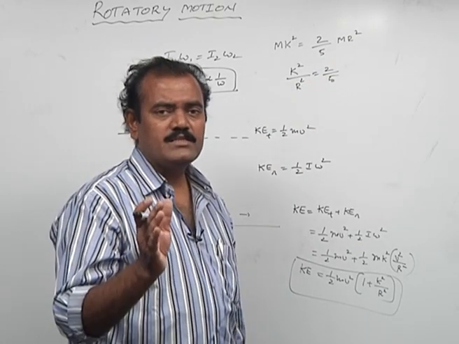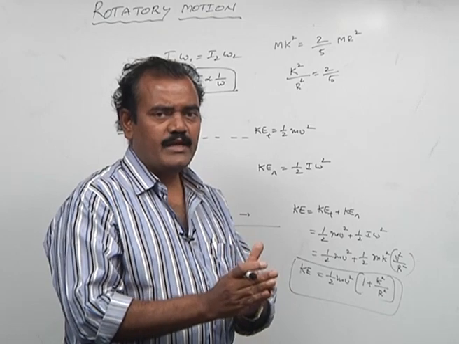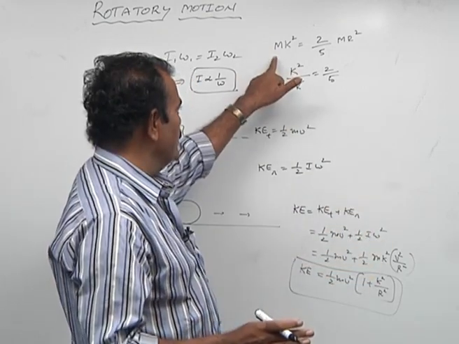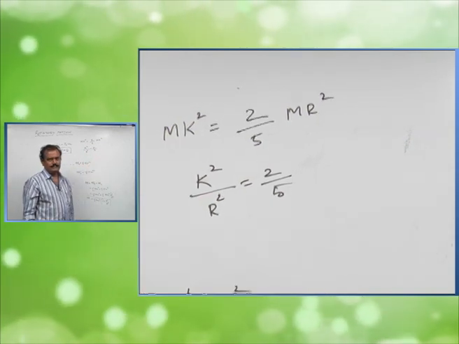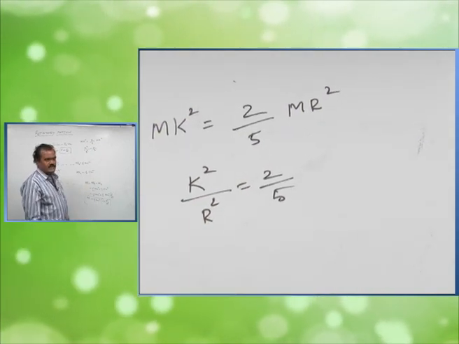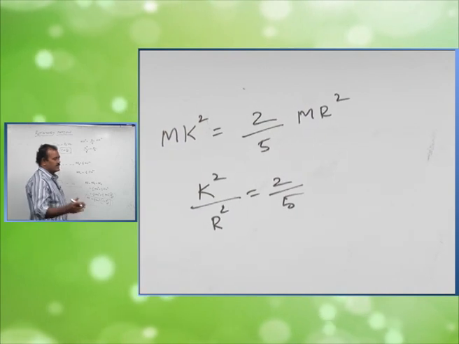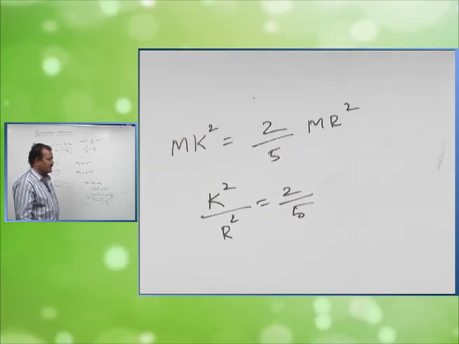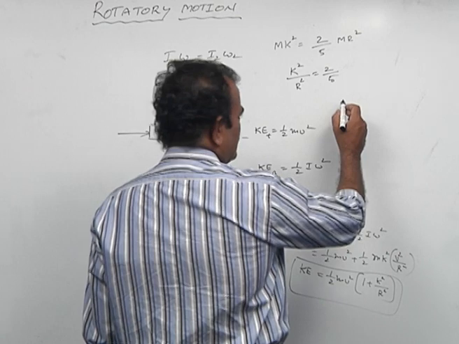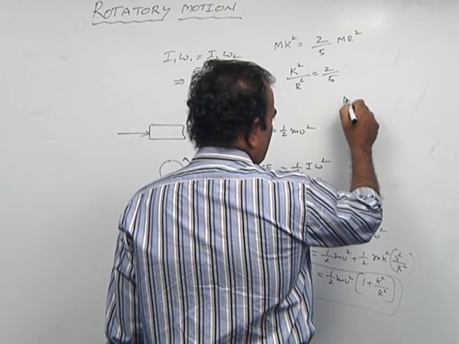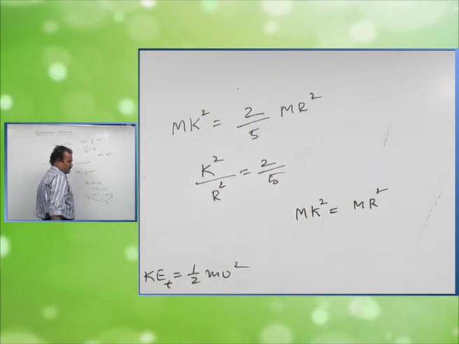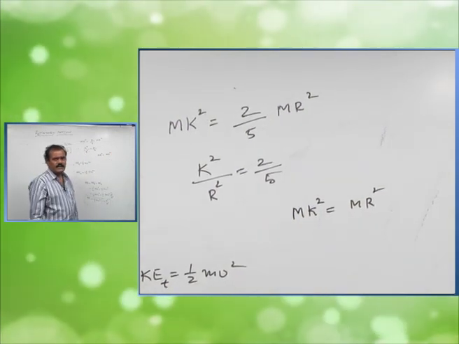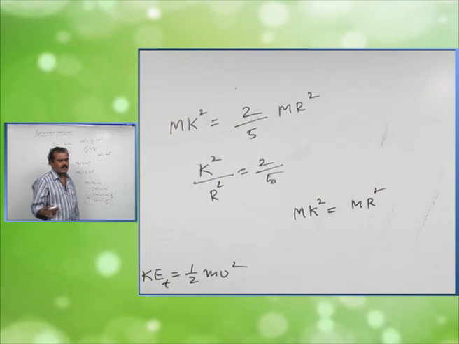Its meaning is that the general formula should be compared to that of the natural axis of that particular rolling body. Then only you can find k square by r square. Suppose in the case of a circular ring, mk square is equal to mr square, because in the case of the circular ring, a diametrical axis cannot become the natural axis.